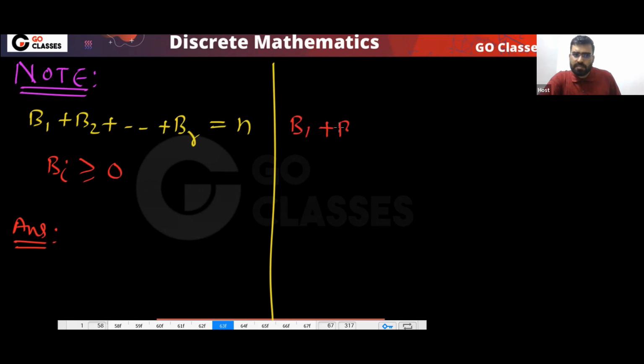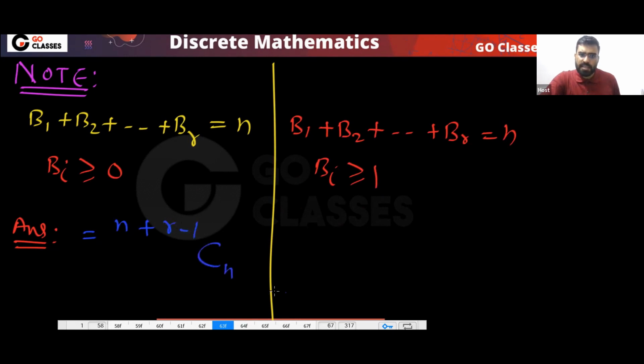And when bi is greater than or equal to 1, meaning everyone should have at least 1, the formula is very simple. You have total n stars and r minus 1 bars, so the formula will be like this.